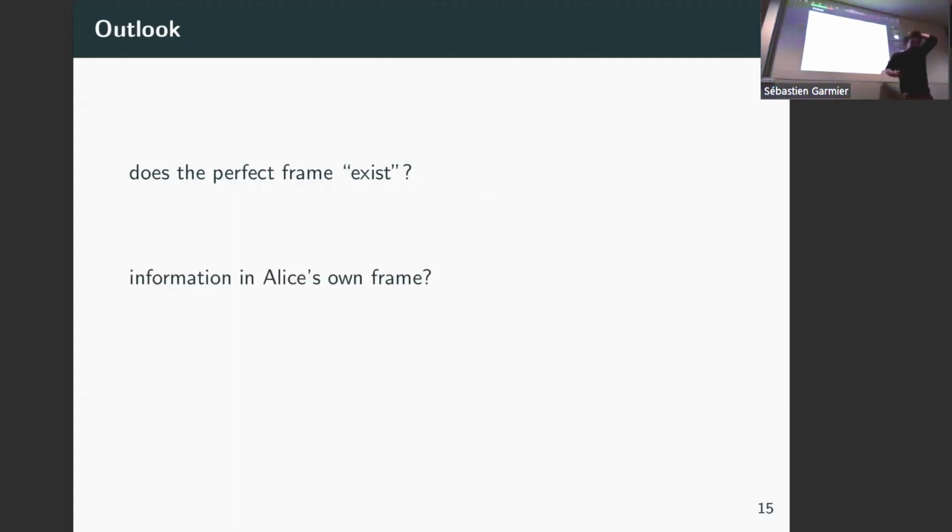Then there's still this mystery about what physically is in Alice's own frame when she looks at it. This is not something that typically happens in classical frames, so we don't really have an intuition for this. And then, of course, there's a bunch of applications that we might be able to do. It has already been applied to single particles and questions about those. But maybe we can apply it to some paradoxes in quantum reference frames, because there are some.